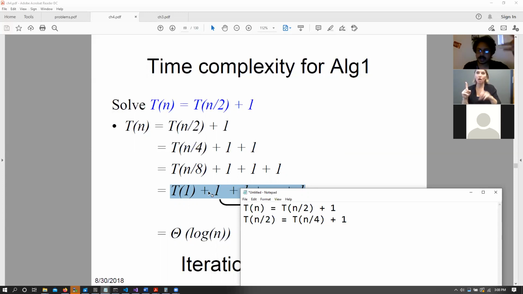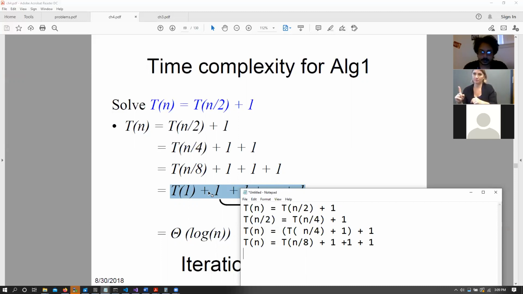So if we substitute that into the previous equation, we get T(n) equals T(n/4) plus 1 plus 1. Similarly, we can also go much deeper. We have T(n) equals T(n/8) plus 1 plus 1 plus 1, right?